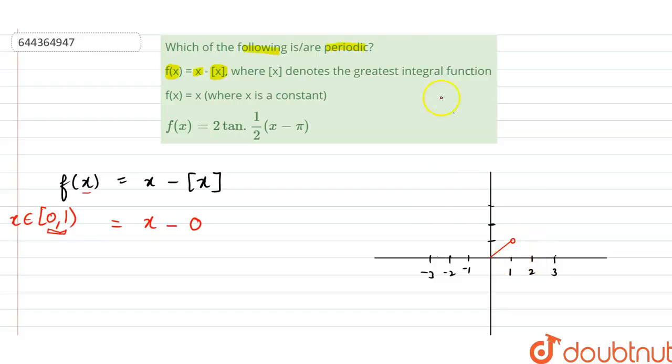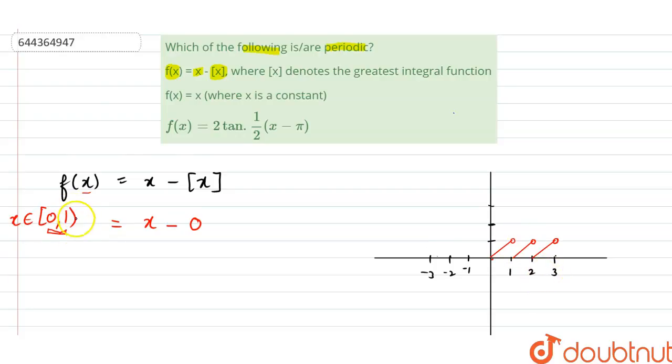and then from 1 it will start from x is equals to 1 till the interval 1 to 2, and similarly this will again go from 2 to 3, and this is void at every integer point, at the upper limit of the interval.